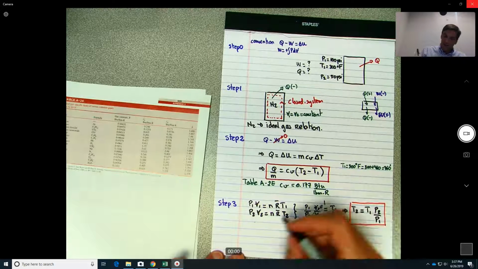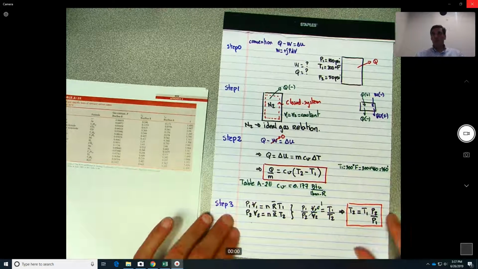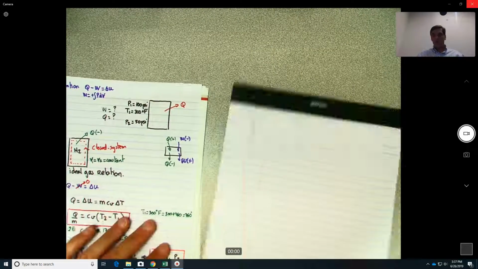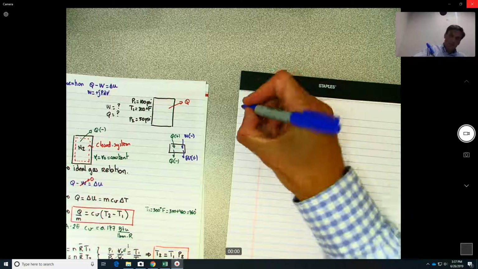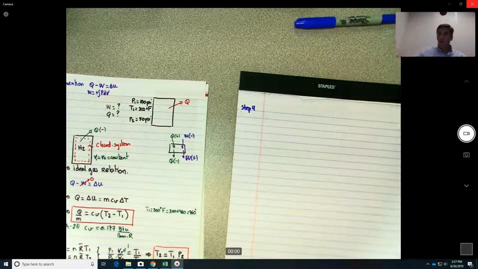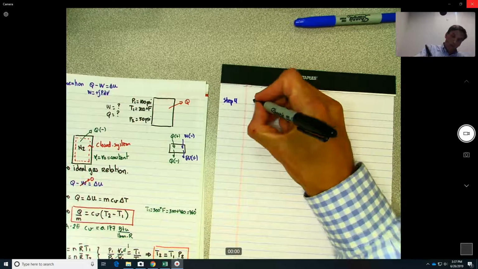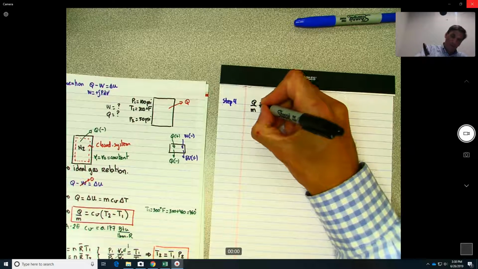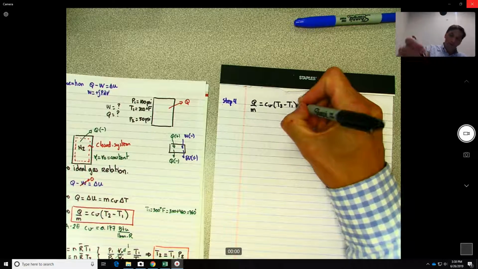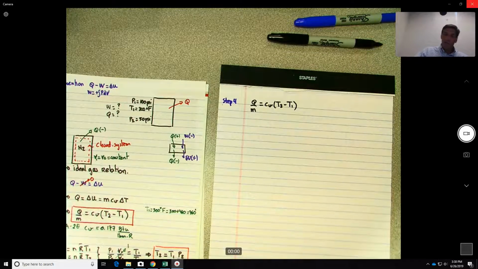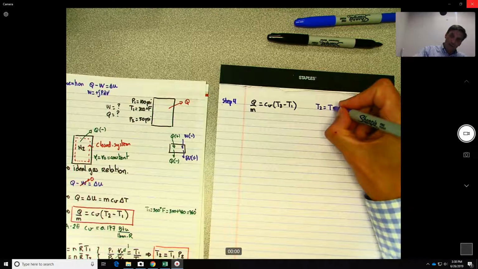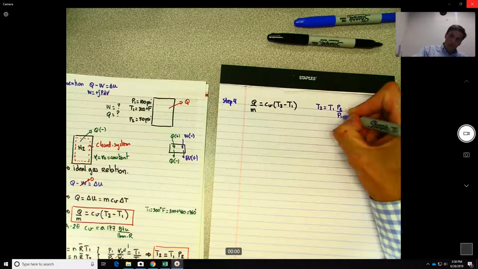Okay, so finally, I will go to the next page. Step 4. We can just combine the two equations. We have Q over m equals Cv times (T2 minus T1). But we know that T2 is equal to T1 times P2 over P1.